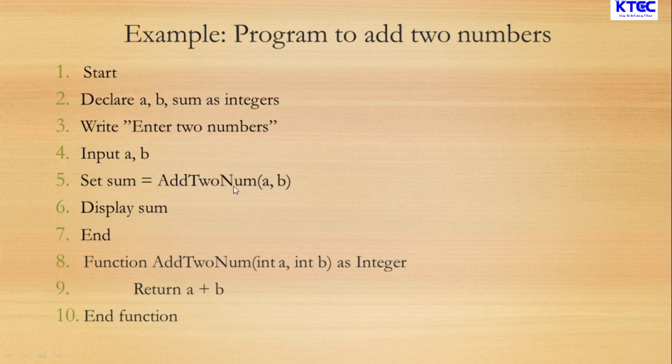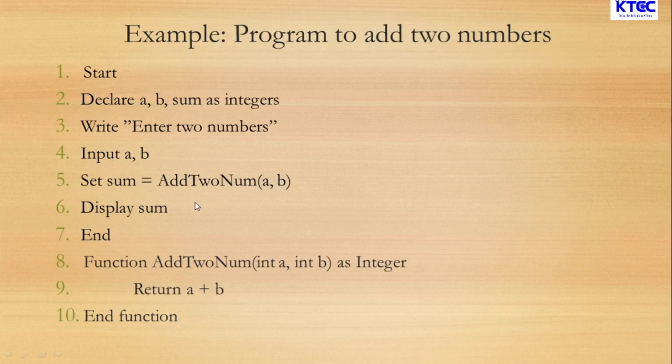What are we doing here? We are calling the function add two numbers, the function we saw there. When we say set sum equal to add two numbers, we open the brackets, and inside them we pass in the arguments. These are the parameters, so we pass in the numbers we want to add.